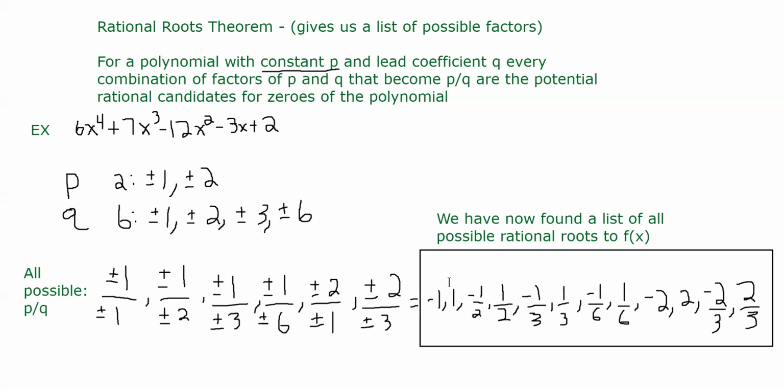You're going to go through the list and you're going to keep trying to find x values that are going to give you a remainder of 0 when you do synthetic division, because then you know they're roots and they can be factored out. And you're just going to keep factoring it down until you basically get it to a quadratic, and then you use quadratic factoring tools that you already know.